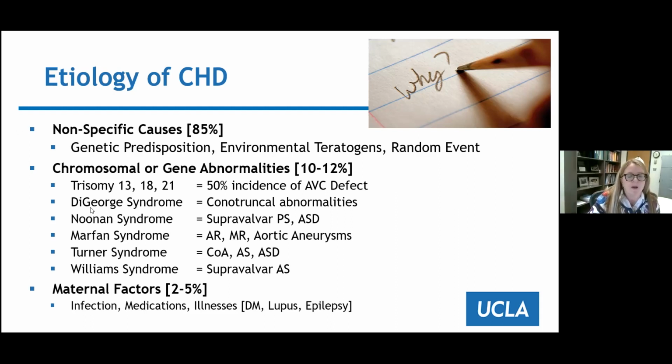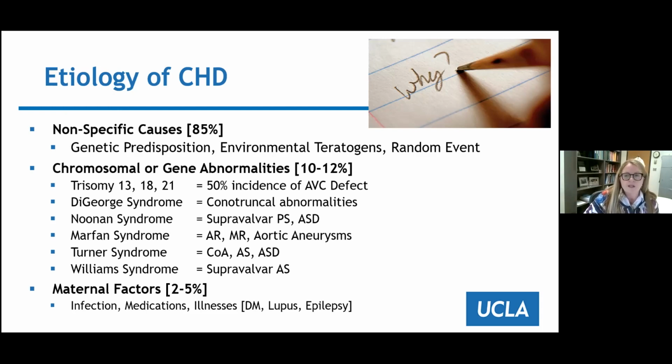And then the corresponding defect is listed on the opposite side there. PS meaning pulmonary stenosis, ASD is an atrial septal defect, aortic regurg, mitral regurg, coarctation of the aorta, aortic stenosis are just what those abbreviations are.